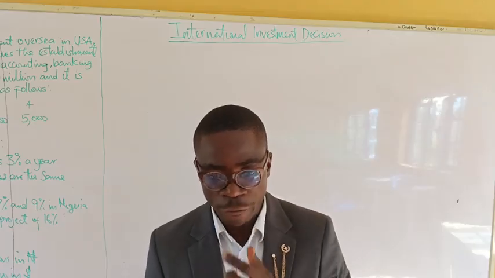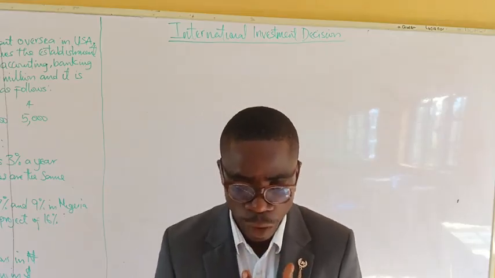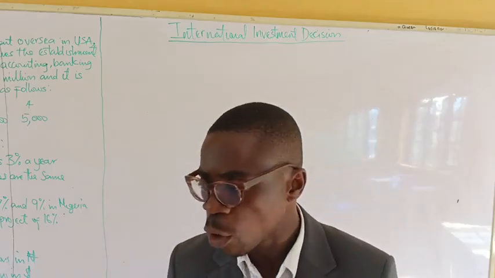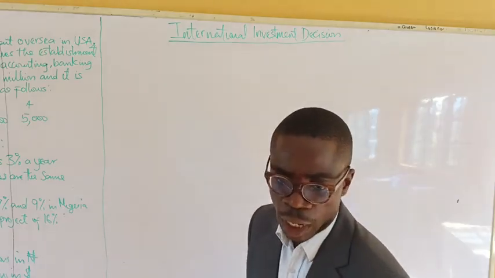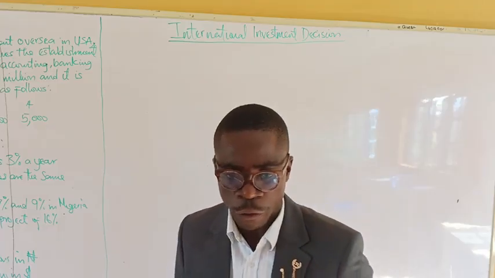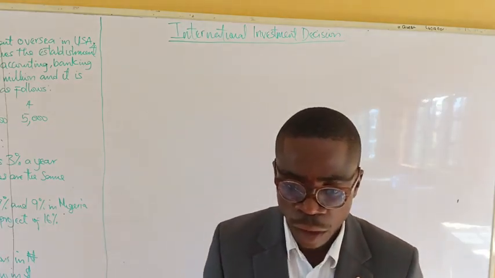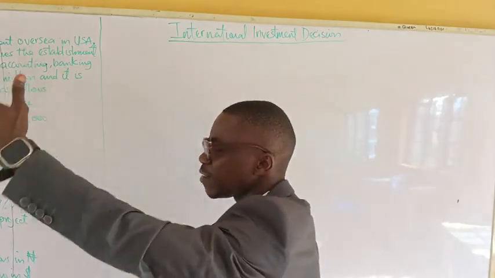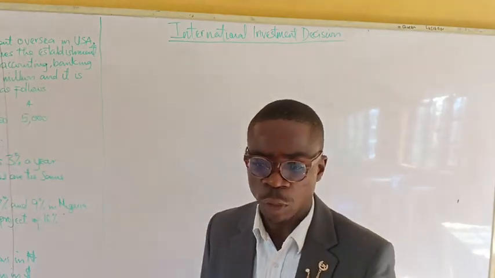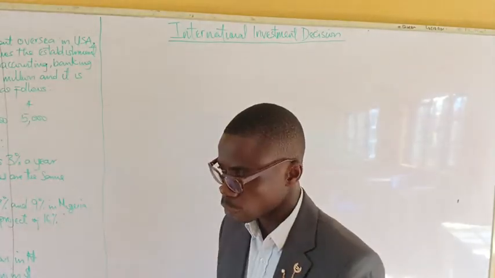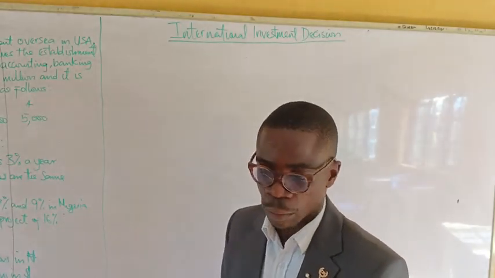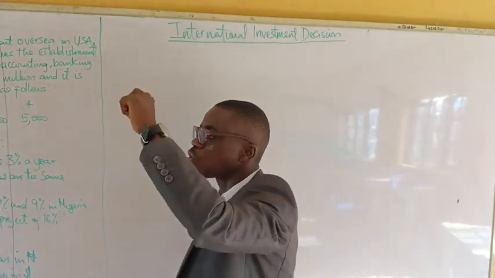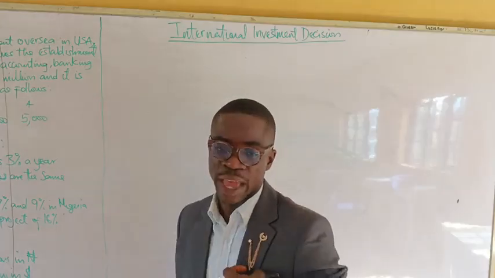Now, one of the other features is that the cash flow that you are going to receive from such an investment, or that you are going to use to invest into that country, is going to be in a foreign currency. That means the currency which that country is using is what you will get to invest.